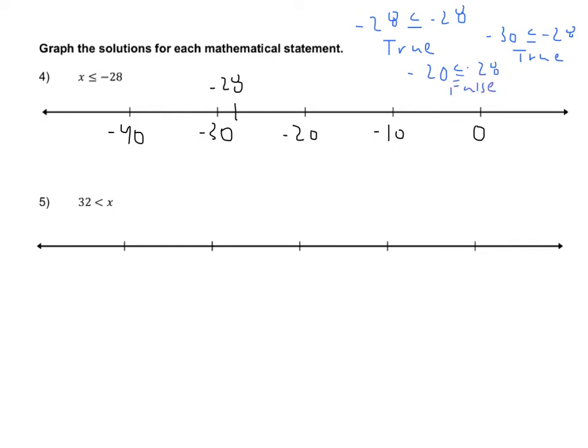All right, so let's represent this on our number line. First of all, negative 28, our boundary value, is a solution. So since it's a solution, I'm going to use a closed circle. And the numbers that are solutions are the numbers that are less than negative 28, these numbers over here.